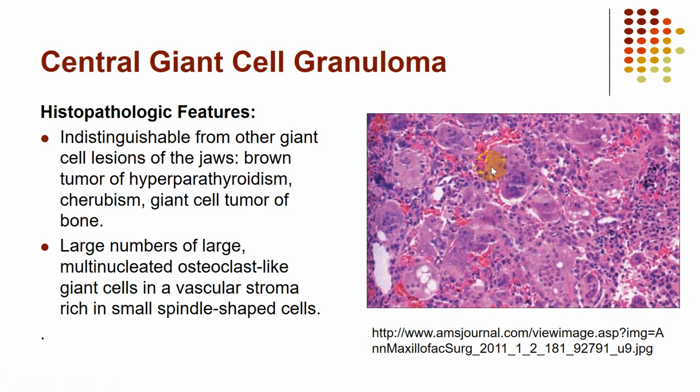So whenever we see multiple central giant cell granulomas, or even a single central giant cell granuloma, or even a peripheral giant cell granuloma, we have to consider hyperparathyroidism and ask the clinician to check the parathormone level in the blood and completely exclude it.